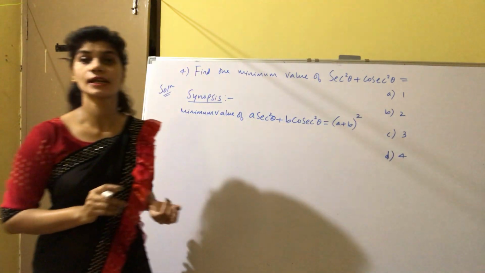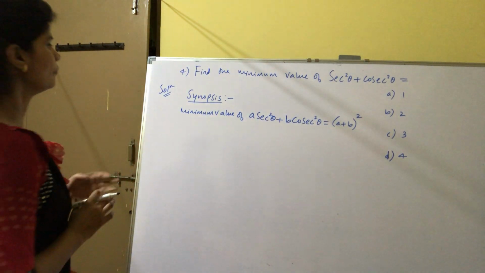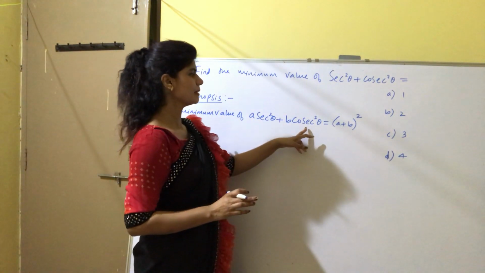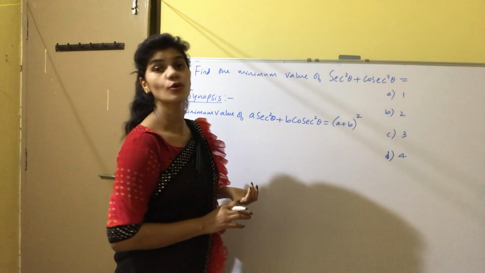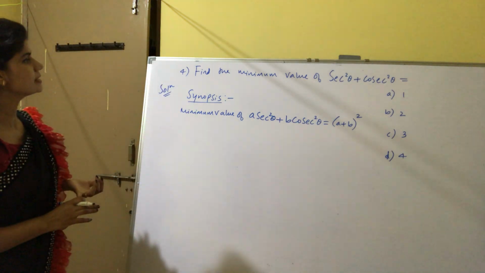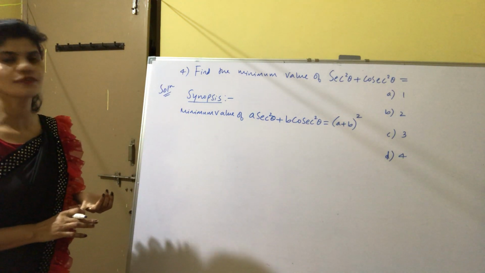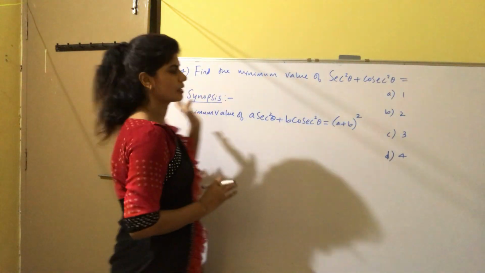This is the synopsis given. Okay, the minimum value of a sec square theta plus b cosec square theta is given by a plus b whole square by the synopsis. Therefore, what are we asked for? We are asked for the minimum value of sec square theta plus cosec square theta.